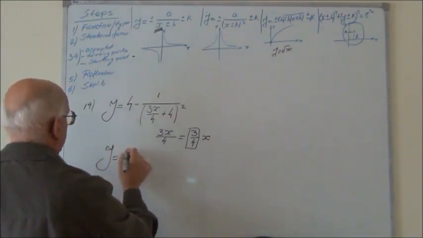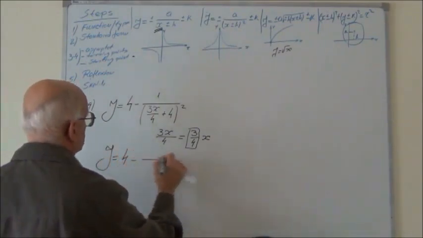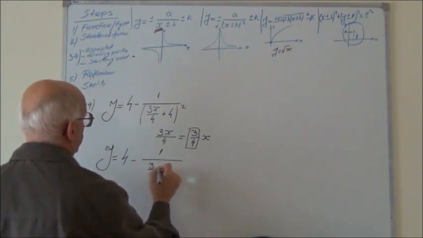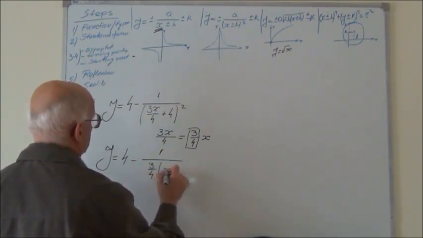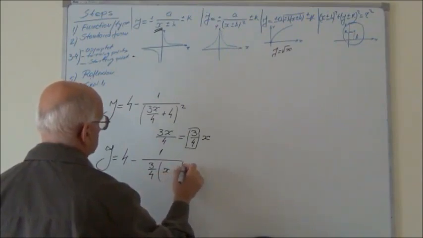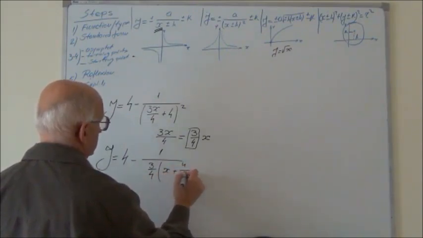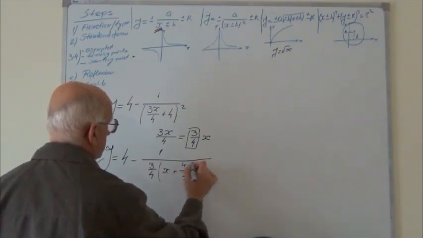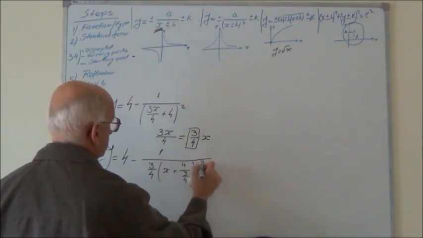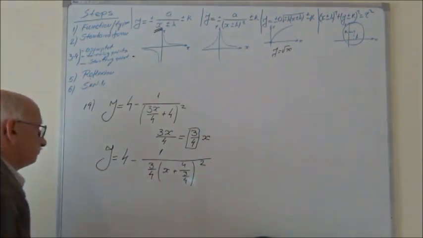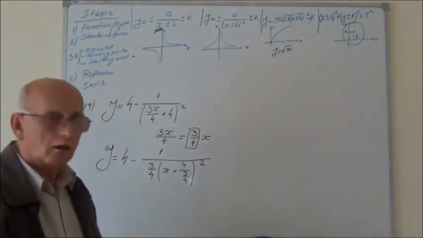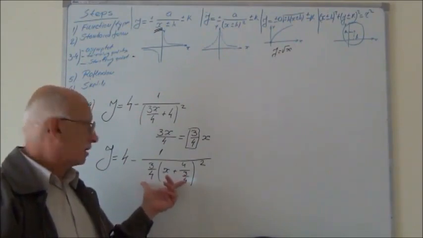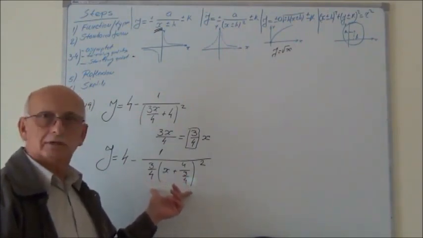Then y equals 4 minus 1, 3 on 4 and x plus 4 divided by 3 on 4, close bracket, over 2. Did I make some mistake here?